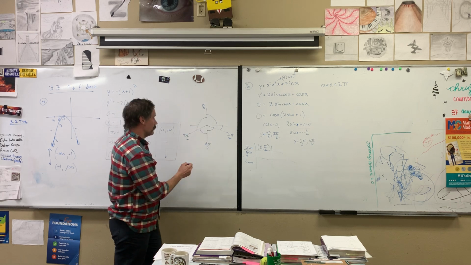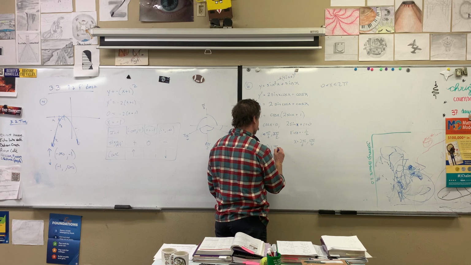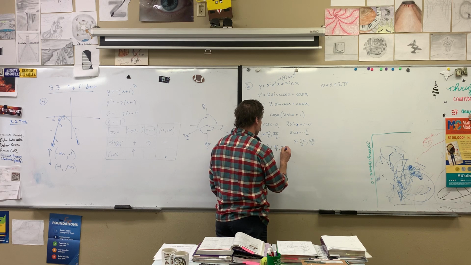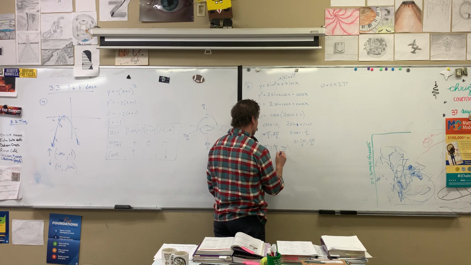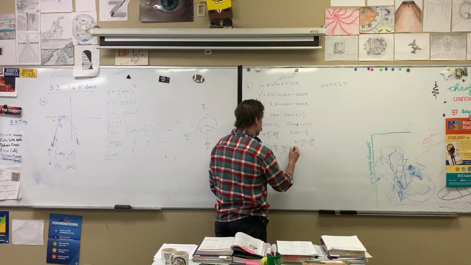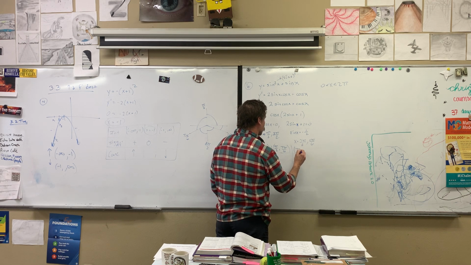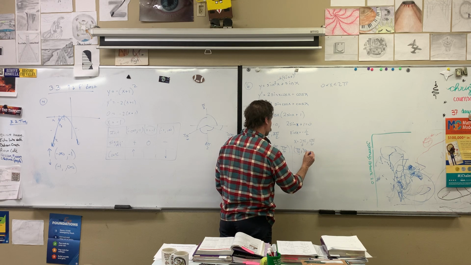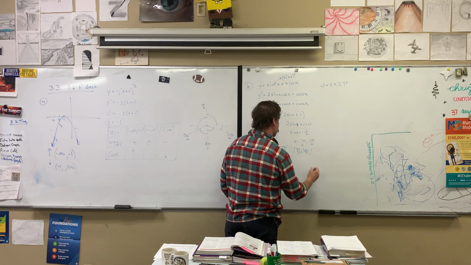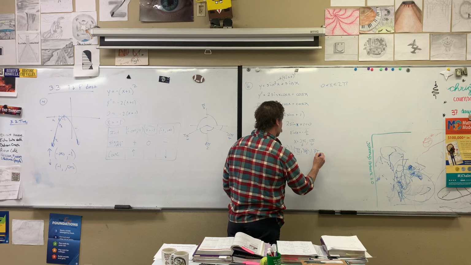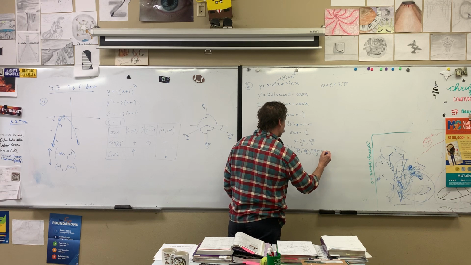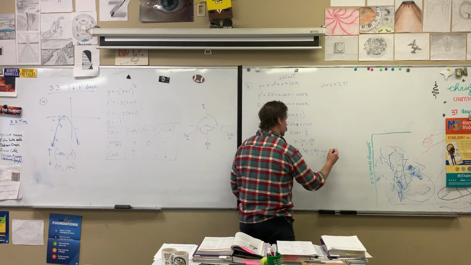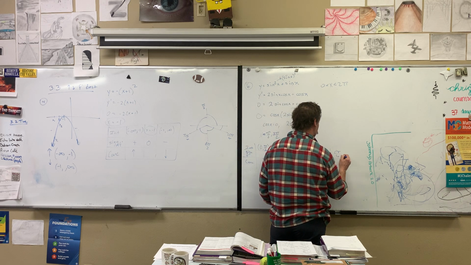And then pi over 2 to 7 pi over 6. And then 7 pi over 6 to 3 pi over 2. And then 3 pi over 2 up to 11 pi over 6. And then 11 pi over 6 up to 2 pi.